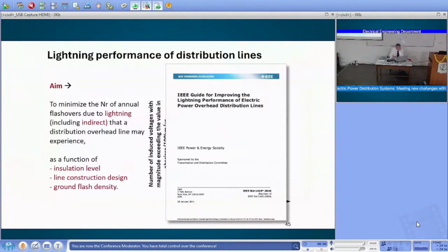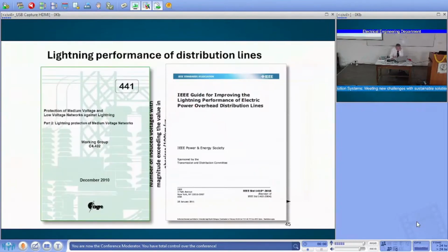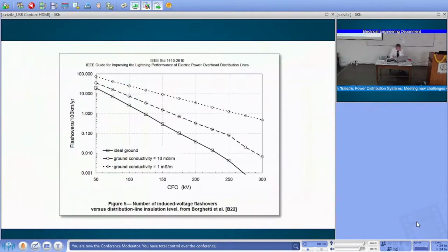So there are some standards, and I put here the classical one, the IEEE 1410 guide for improving the lightning performance of electric power overhead distribution lines, and also this document that is from CIGRE, protection of medium voltage and low voltage networks. The typical figures that are there, therefore, are like this.